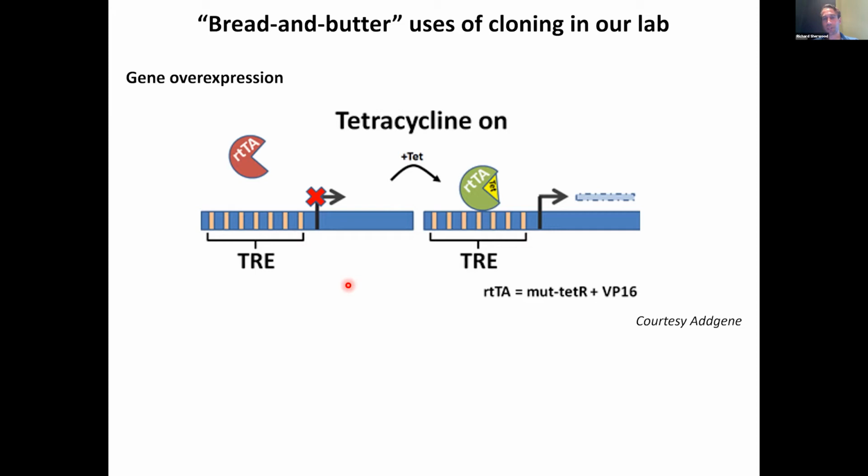This allows us to insert a gene into a cell, and when we add this tetracycline or doxycycline chemical, the cell will turn on the expression of that gene.